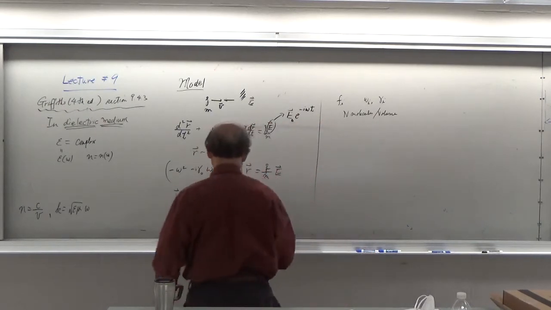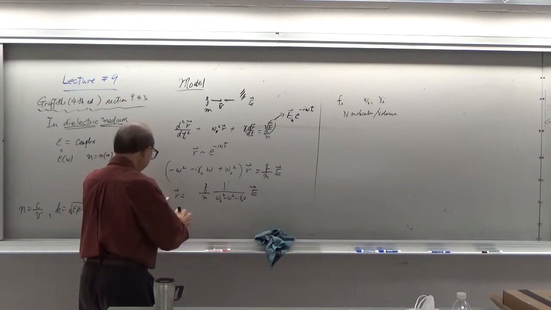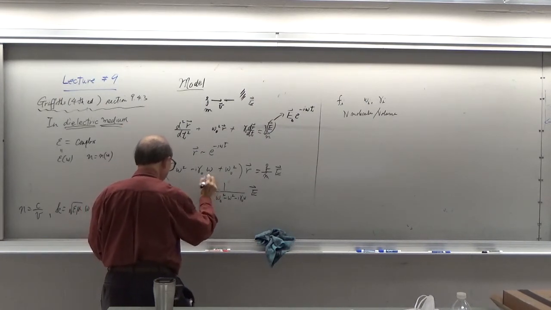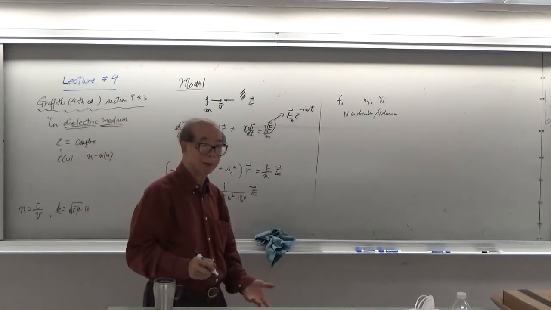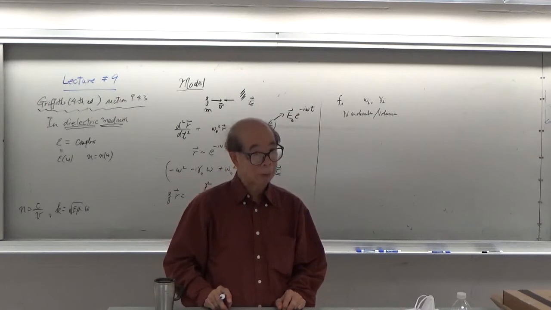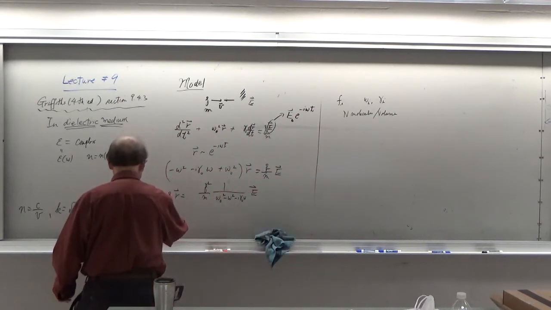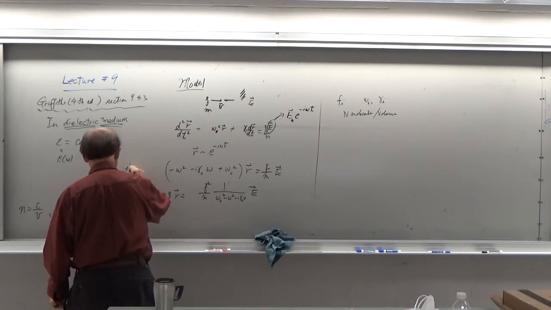Then, I forgot, not yet, sorry. In this expression, they multiply by q. It's q squared. qr, of course, is nothing but the electric dipole moment of that electron. So this is p, electric dipole.